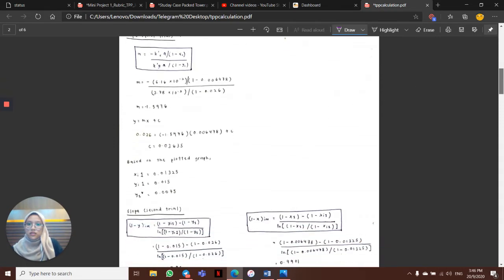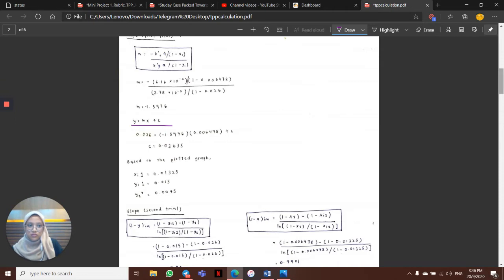To find the intercept of the y-axis, you need to use this equation, y equals mx plus c. Now you just substitute the values of y, m and x in the equation and you will get the c value. The c value is 0.03635.